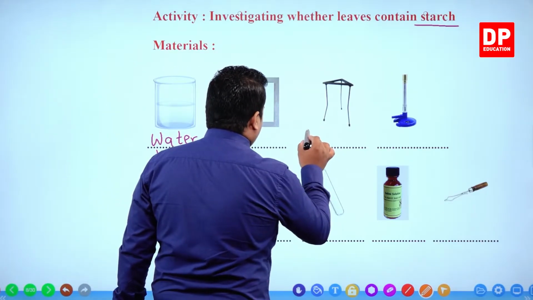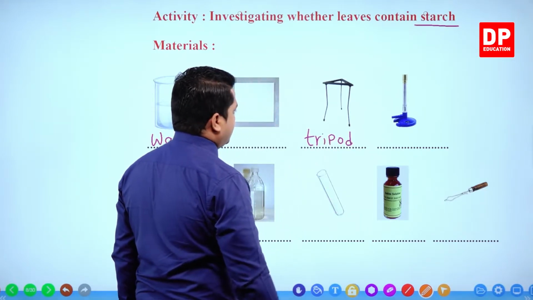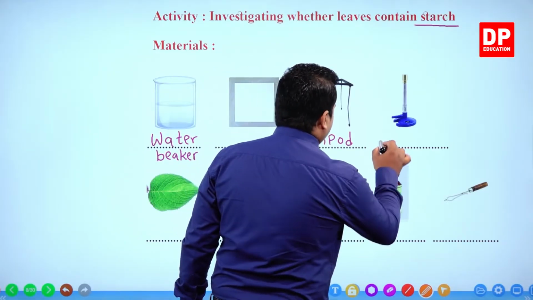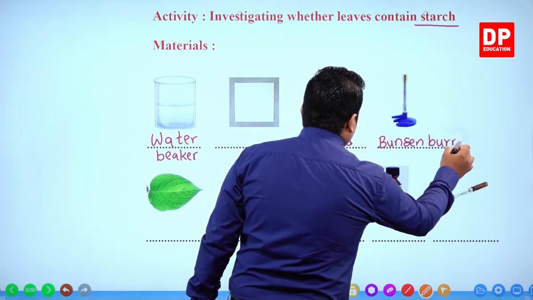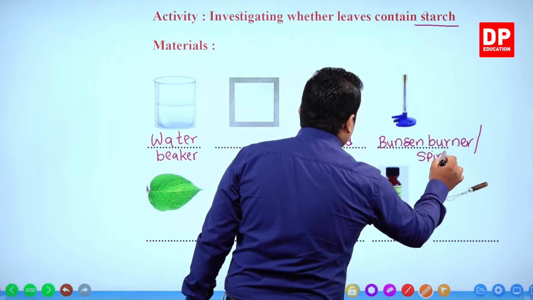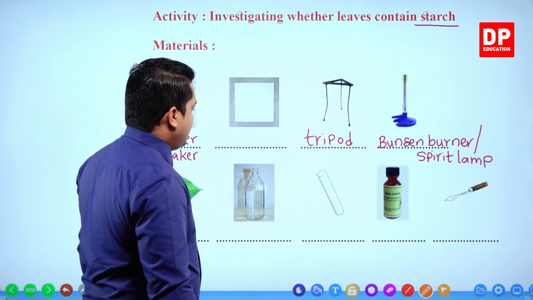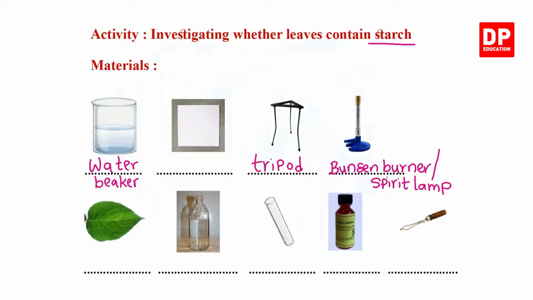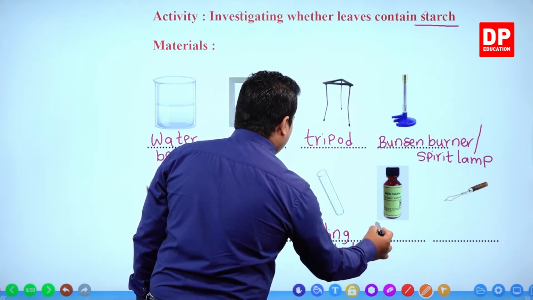We'll be needing a tripod, then a Bunsen burner, or spirit lamp, in order to heat. Then after that you will be needing a boiling tube. Definitely you will be needing iodine solution.